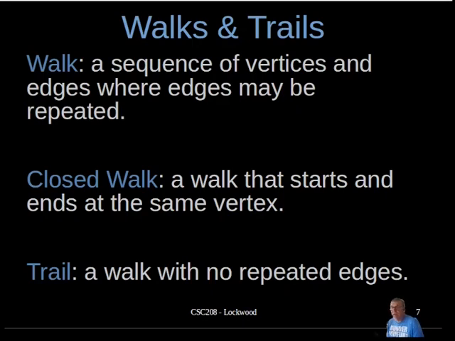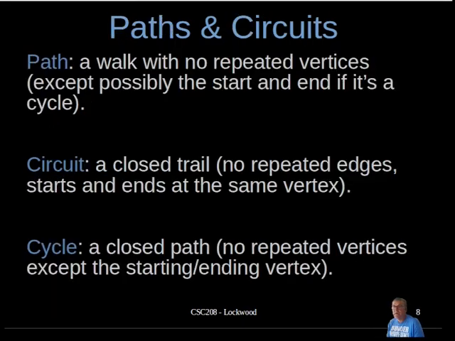A trail is a walk with no repeated edges. A path is a walk with no repeated vertices, except possibly the start and end if it's a cycle. And then we have a circuit, which is a closed trail, and a cycle, which is a closed path.